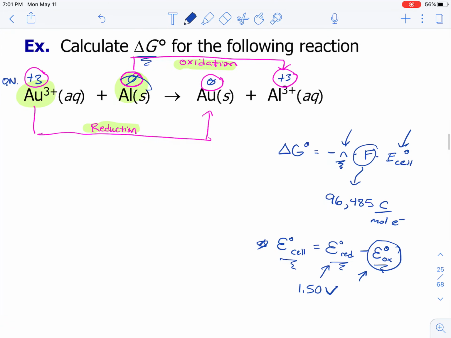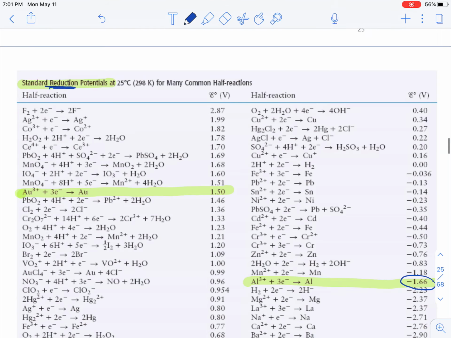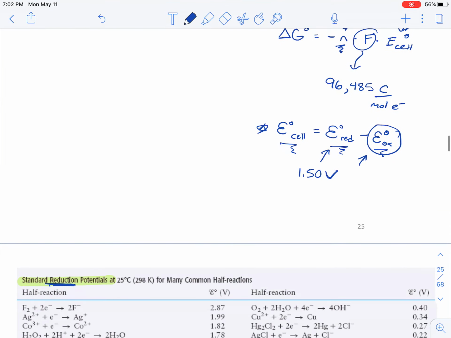Because remember, aluminum is undergoing oxidation. So therefore, that negative 1.66 needs to be plugged in into the equation after the minus sign. So there's going to be minus negative 1.66 volts.